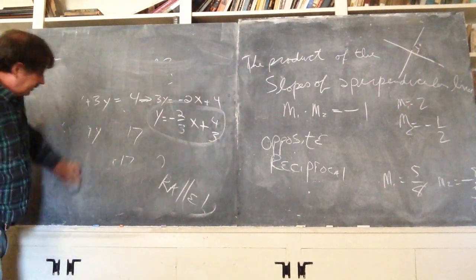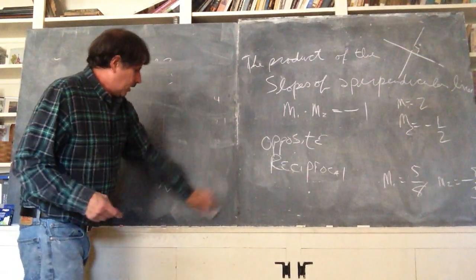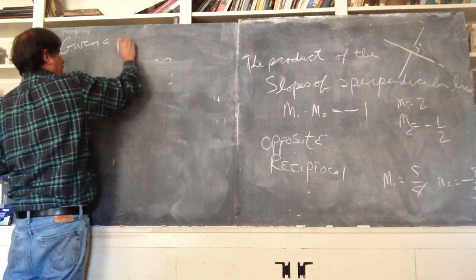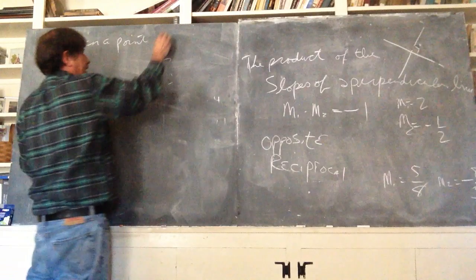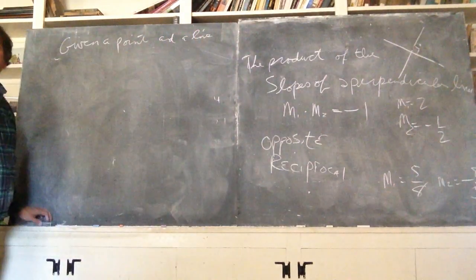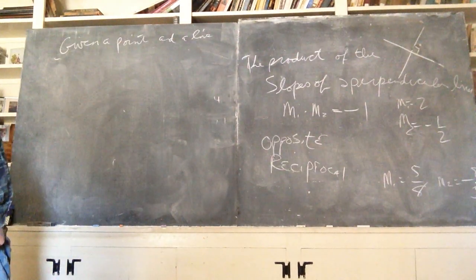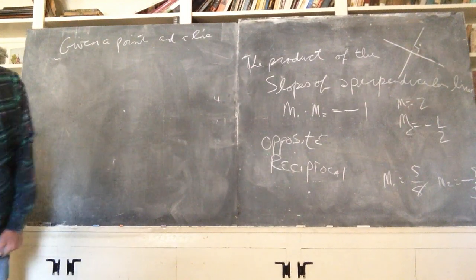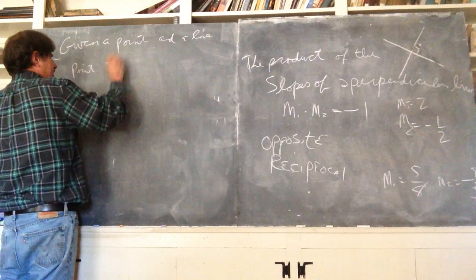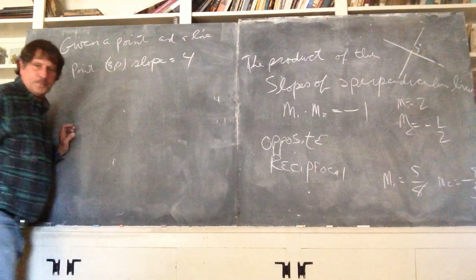How about this? Let's skip ahead. Instead of doing the same problem again, where you have to extract the slope, given a point and a line, what we want to do is give the equation of a line perpendicular to it. So, for example, the point 3, 0, slope 4.